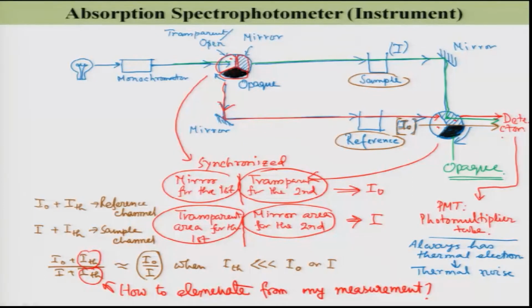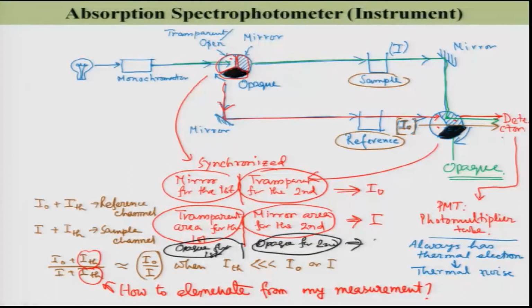That means I am going to measure some intensity here. Let me write: opaque for first is opaque for second, right.